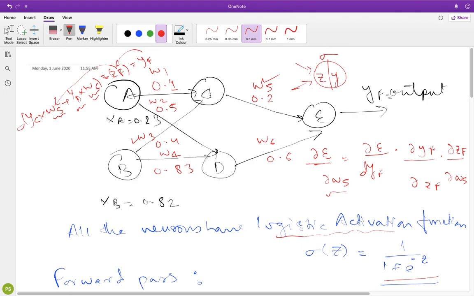Since this is calculated with the help of ZC, what is ZC? ZC is the logit calculated as A times W1 plus B times W3.